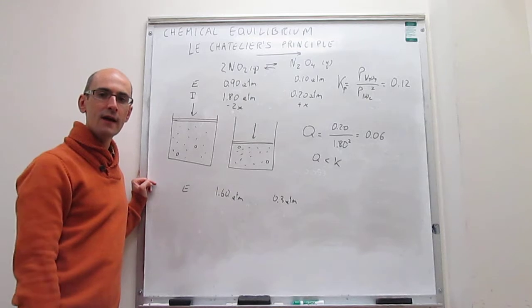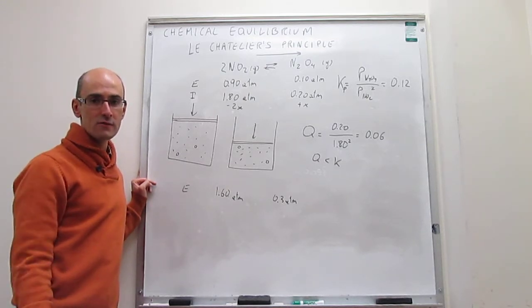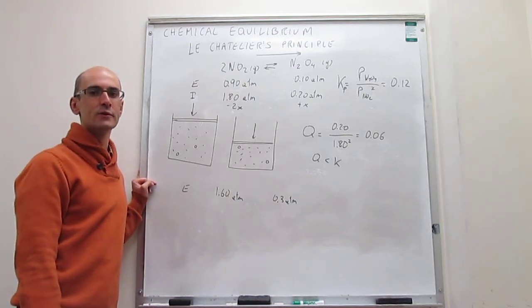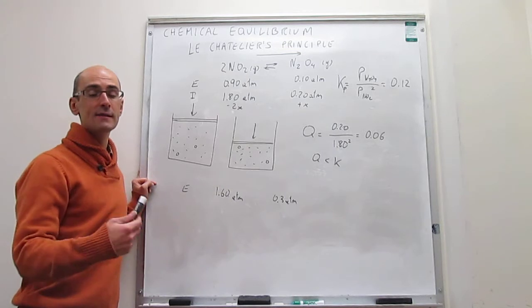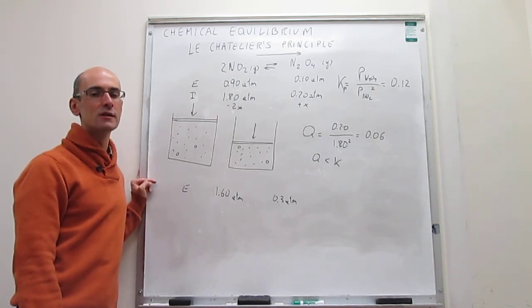So once again, the prediction from Le Chatelier's principle is borne out by the calculations, which indicates how useful that very simple principle is in predicting how a system will shift once a disturbance has been introduced into an equilibrium.